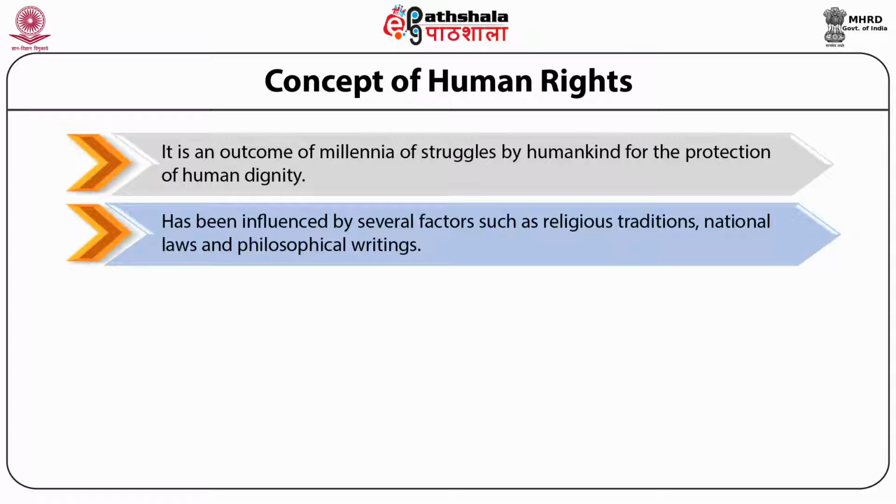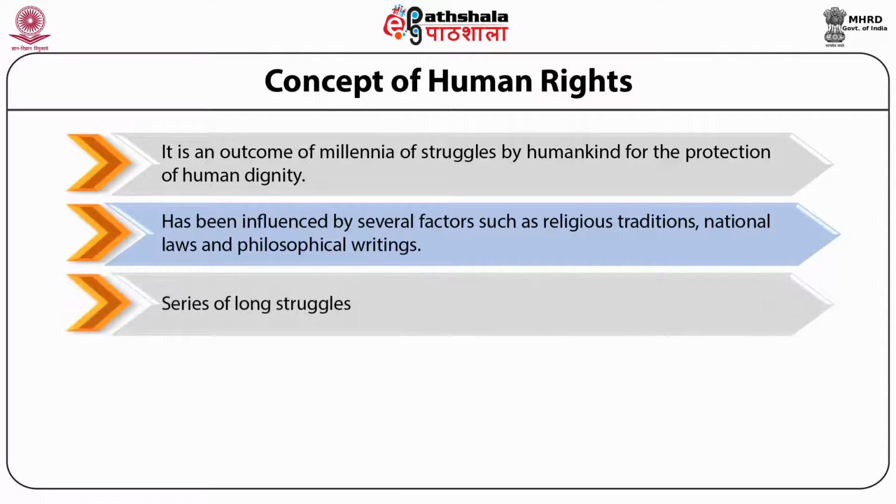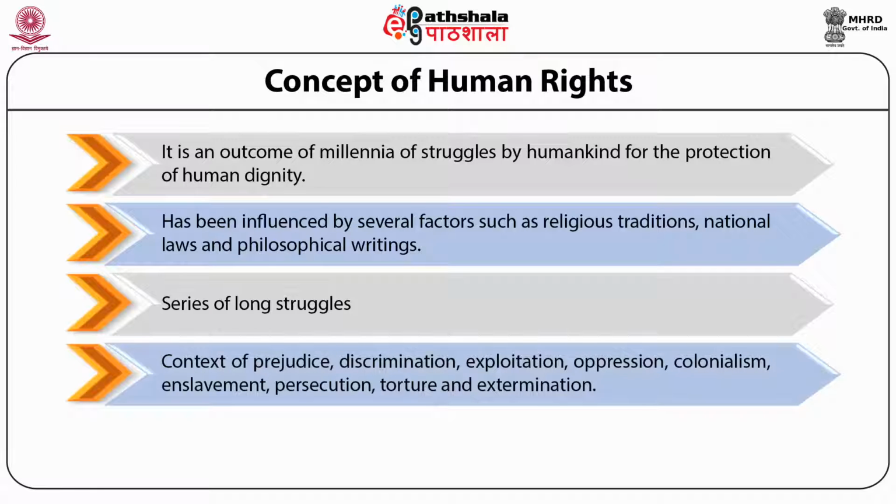If one looks at the evolution of human rights, one will notice that it is a product of a series of long struggles by the oppressed sections against the oppressors. In the history of the world, one will notice a context of prejudice, discrimination, exploitation, oppression, colonialism, enslavement, persecution, torture, and extermination.